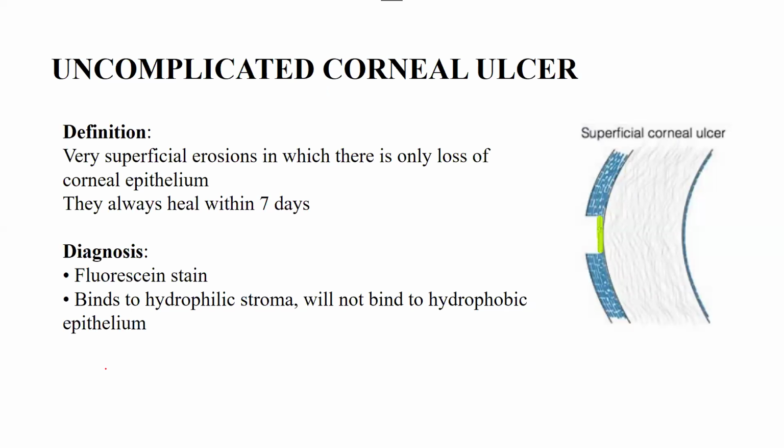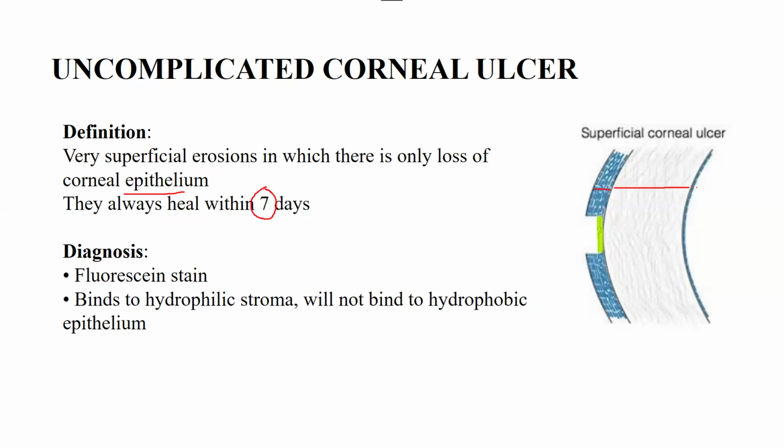The definition for that is very superficial erosions in which there is only loss of corneal epithelium. So we know this is the corneal epithelium, this is the stroma, then we have Descemet's membrane, and then we have the endothelial layer. In uncomplicated corneal ulcer, only the superficial corneal epithelium is lost, and this epithelium always heals in 7 days.